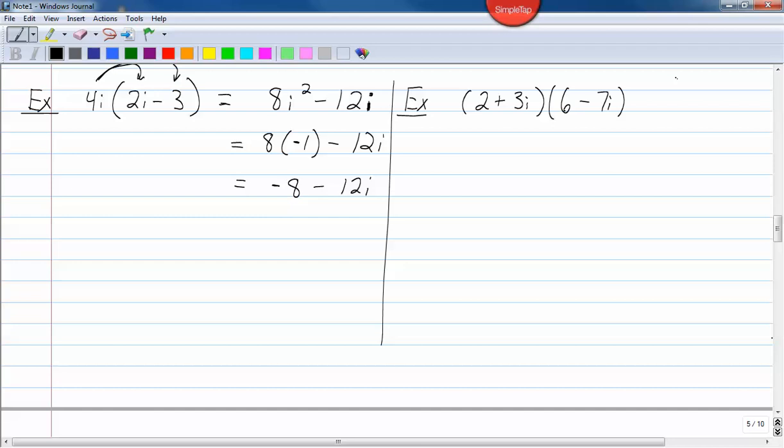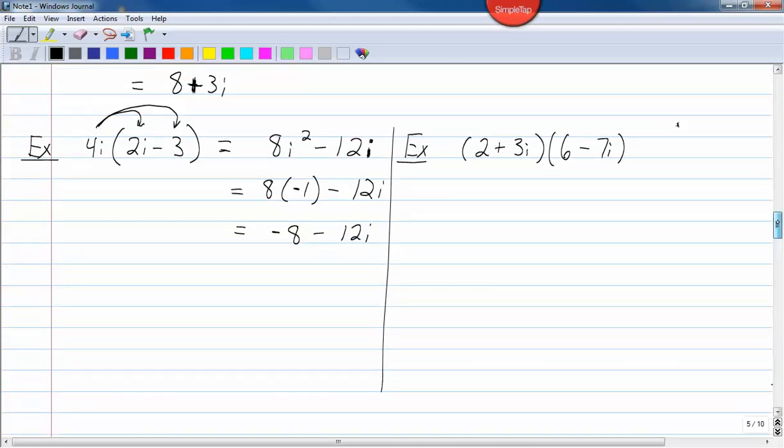So this is like multiplying a binomial times a binomial. The common method that's taught in school, high school usually, is you're told to FOIL when multiplying two binomials. If you know what that means, then FOIL away.